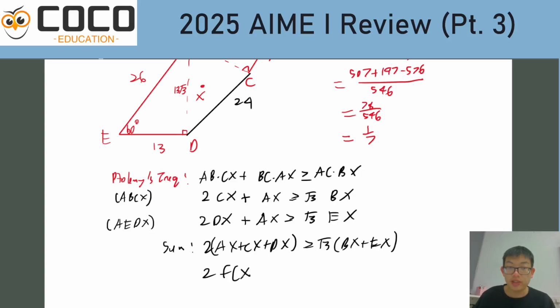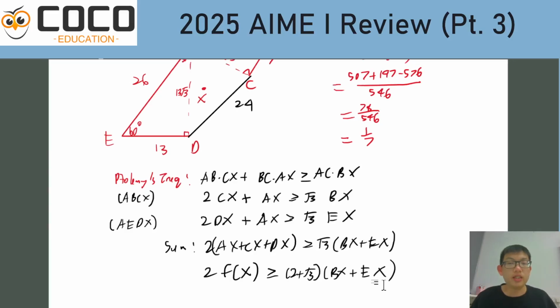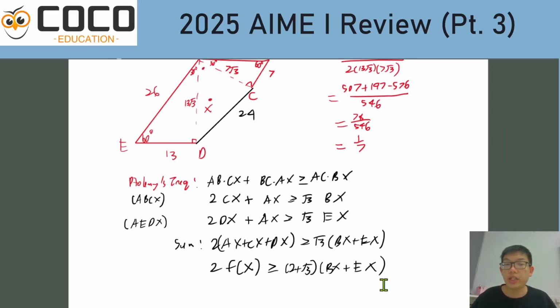That would give me the f of x which I wanted. And then it will become 2 plus root 3 times BX plus EX. I feel very tempted to say that this can then be just the triangle inequality.